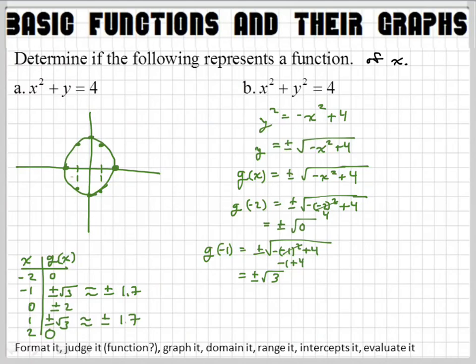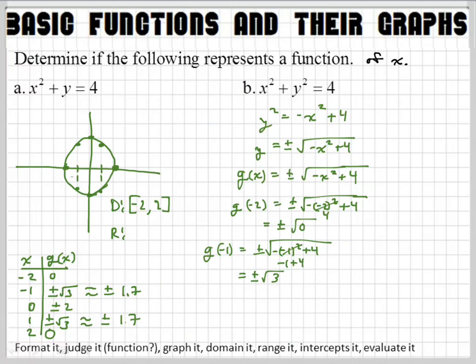Now for the domain, I just want to do the domain and the range for this really quick. I think the intercepts are kind of obvious. This will be our domain because this is everywhere where we see the function. So we only have to worry about from here to here, and it is included. So our domain for this function goes from -2 to +2, and it's included.